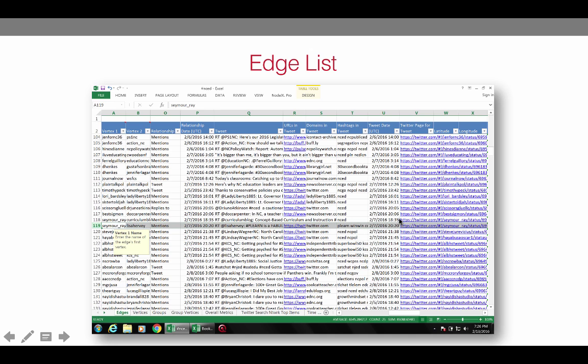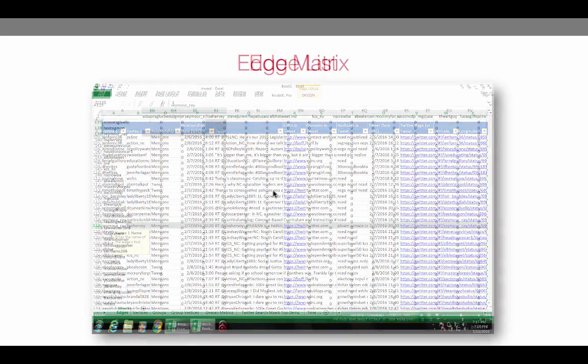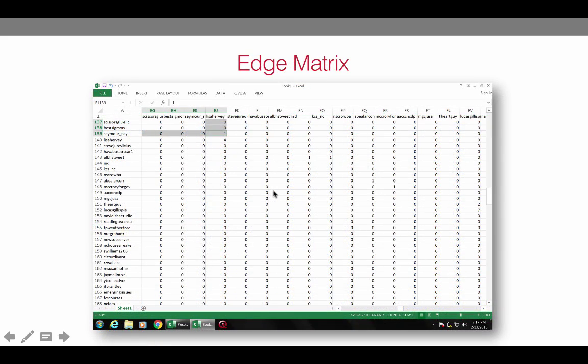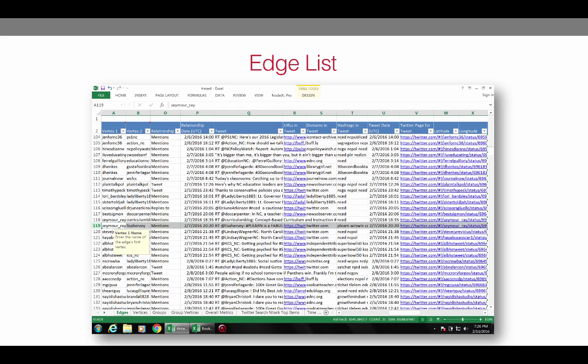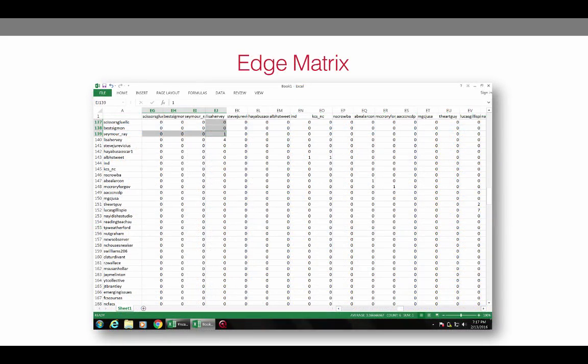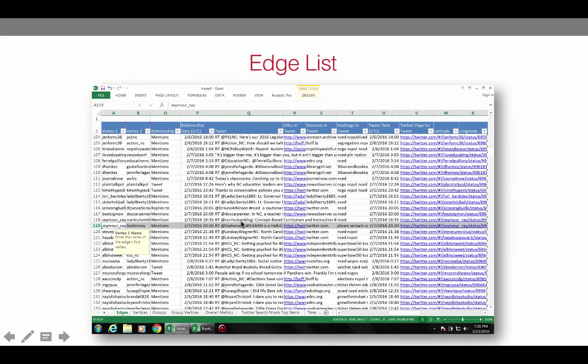And then we can store additional information as well about the relations. So we have this matrix, which is pretty standard, but we also have an edge list, and while it's not quite as intuitive as the matrix, it does allow us to store additional information about these relations.